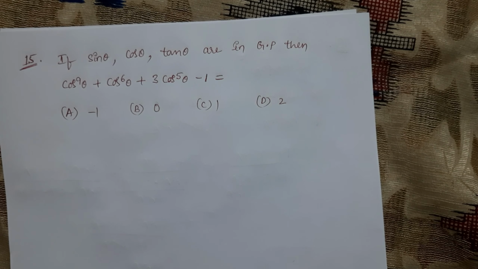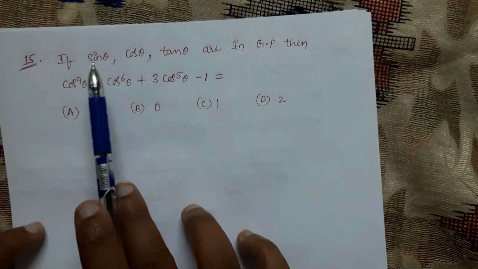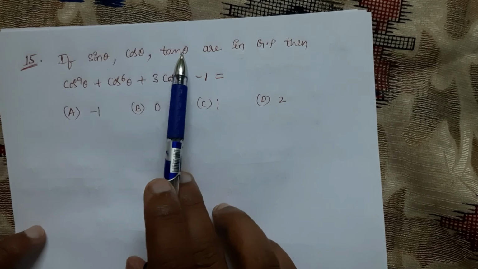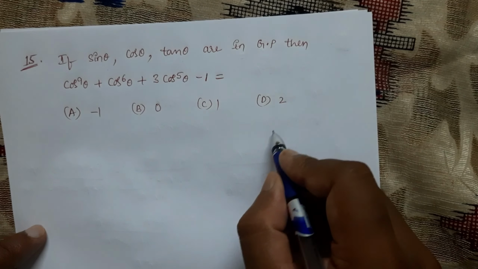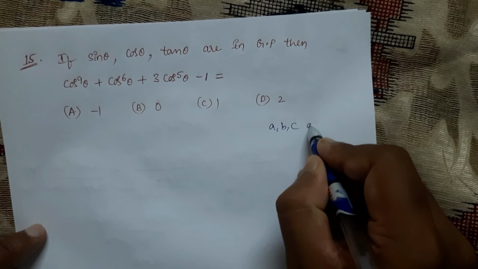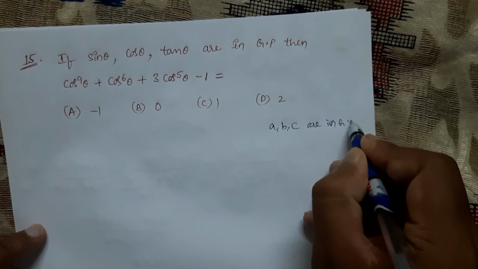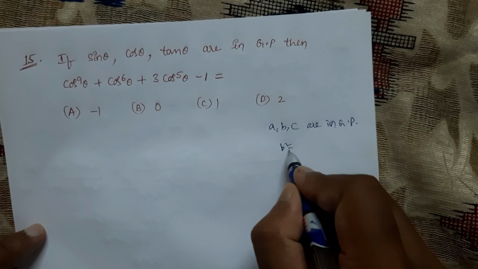Now you see here, they have given the condition that sin theta, cos theta, tan theta are in GP. For example, if A, B, C are in GP, what condition will we take? B square equal to AC.